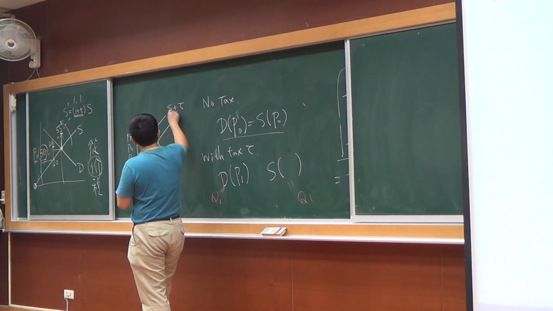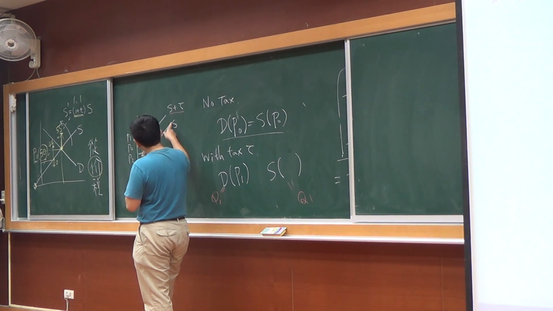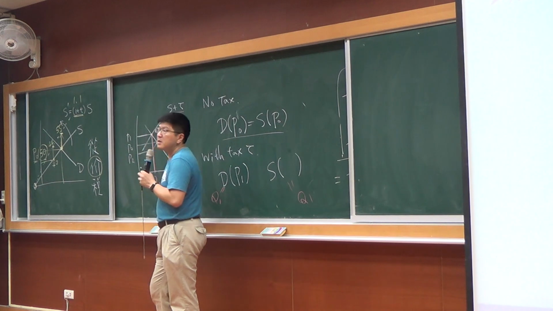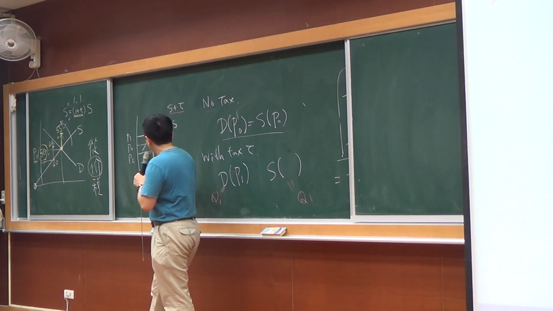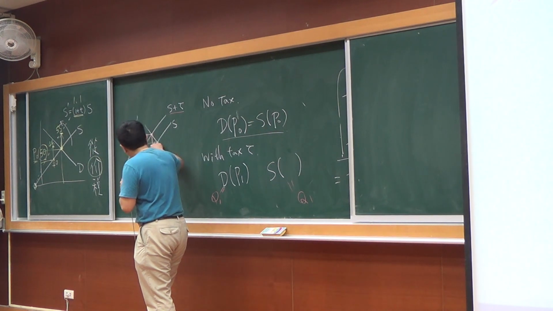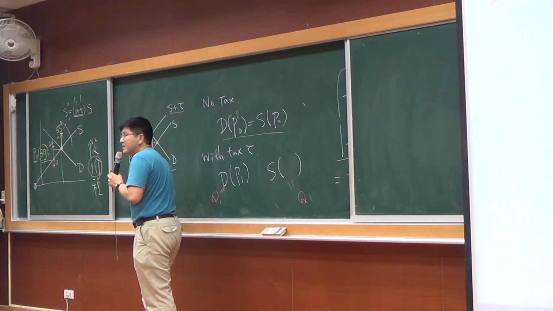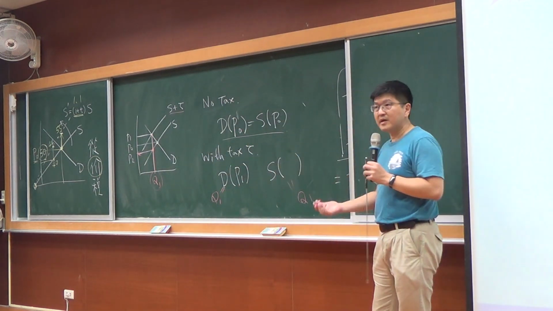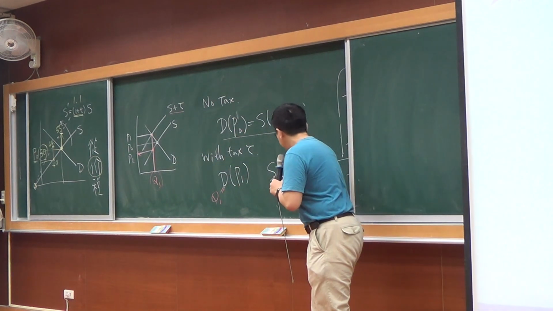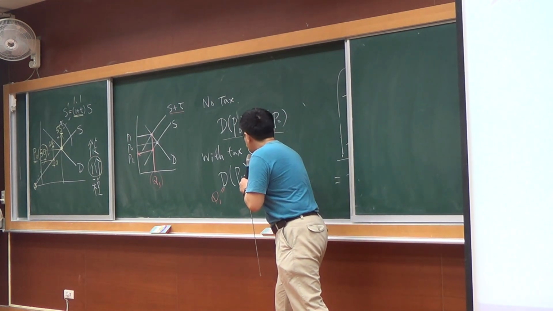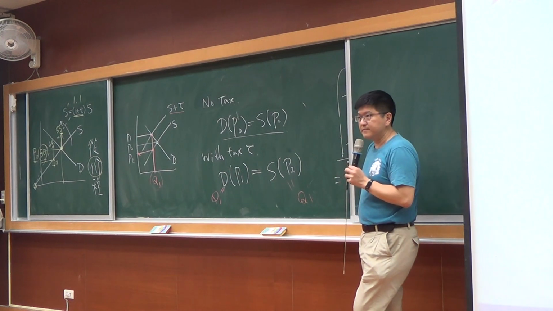Supply, not supply plus tax, supply. Which price can make the quantity supplied equal Q1? So Q1 hitting the supply curve corresponds to what? P2, is that right? So this would be P2. And they are equal.